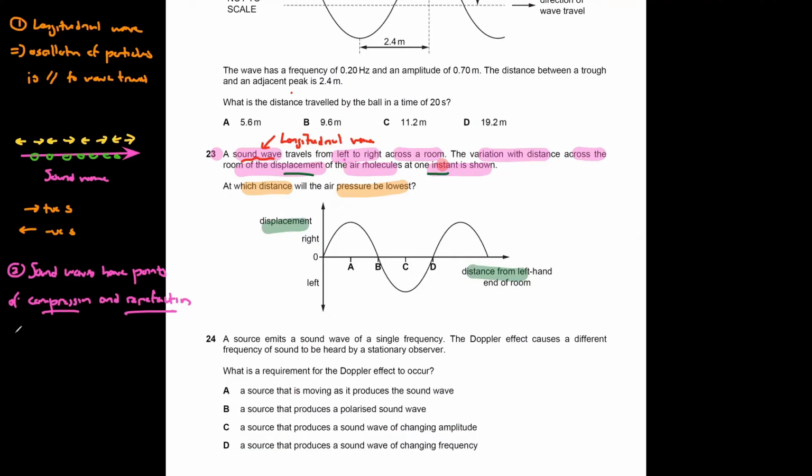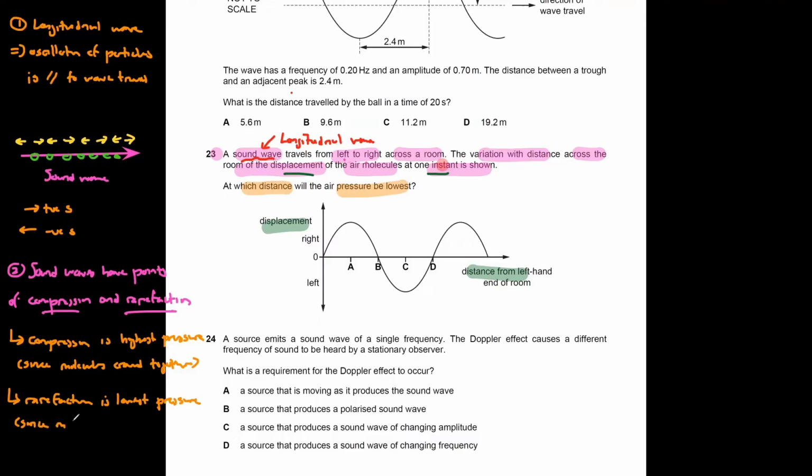And then from there, there's something that you can then say: compression is highest pressure since the molecules crowd together towards that point. And then rarefaction is lowest pressure since molecules move away from that point.